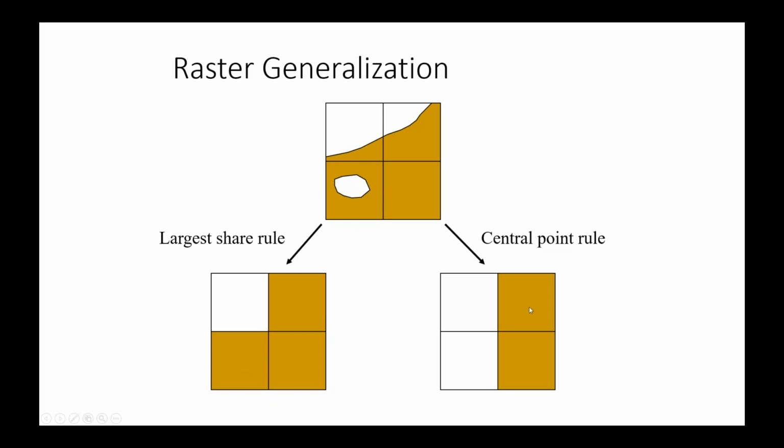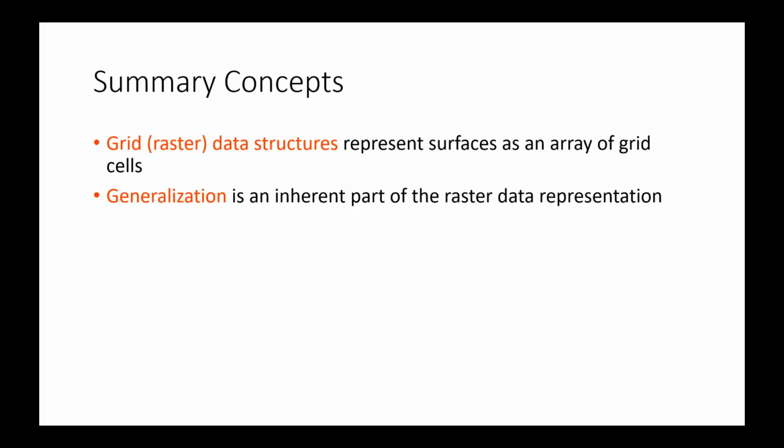Or if you use the center point rule, maybe there's a hole and the center point falls in the hole that represents the smaller area, you would get a different approximation. So these are some of the things that you have to consider when using a grid to represent spatial information.